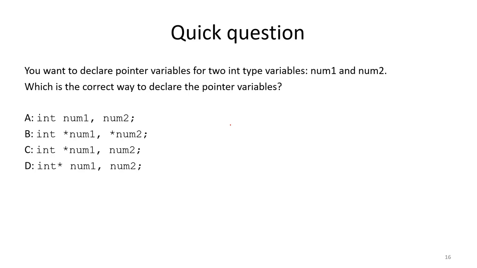What did everyone come up with? Correct answer here is choice B. Remember, you need to have the asterisk next to the name of each pointer type variable. So if I want two int type pointers, I need to put an asterisk next to both num1 and num2.